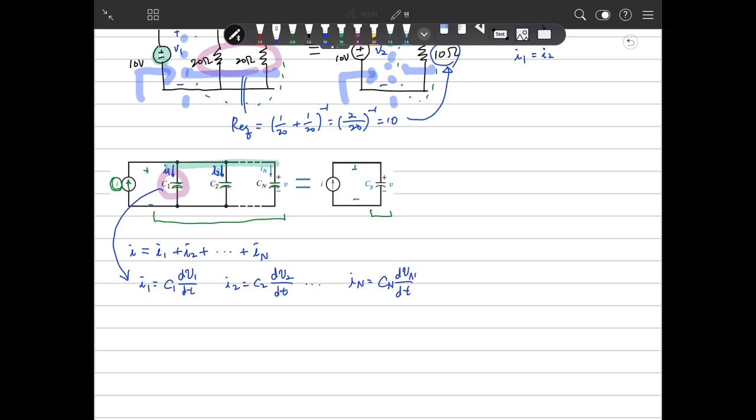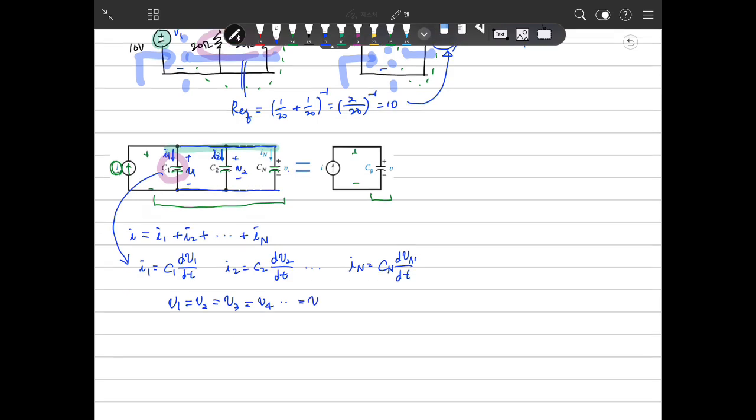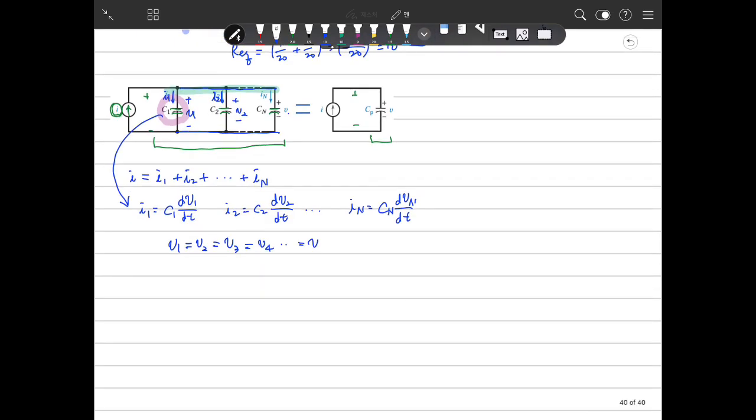But in this case, because the capacitors are connected in parallel, this V1, this V2, and this V are all the same. V1 equals V2 equals V3 equals V4, all V. So we can replace these equations here.